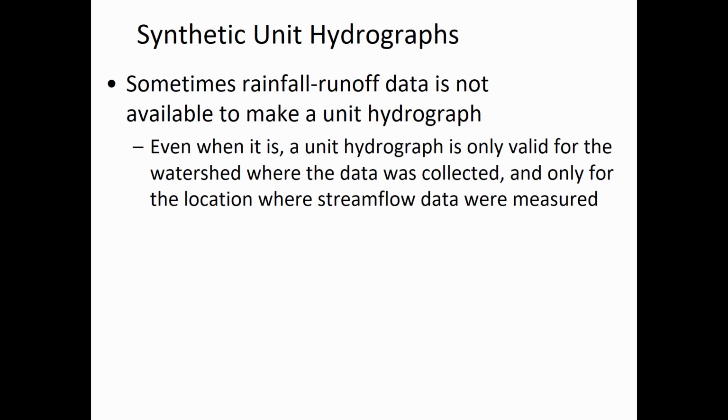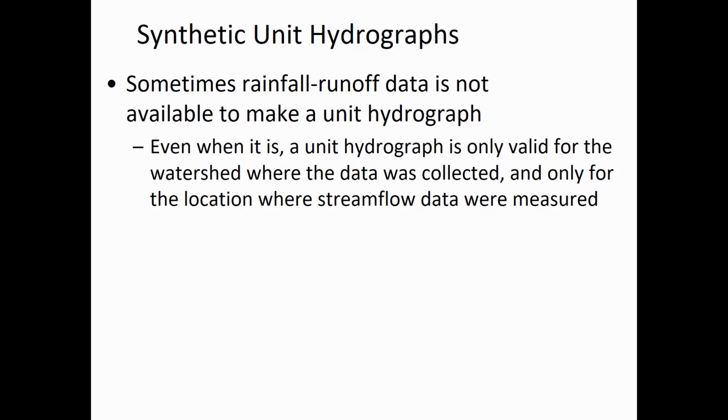Let's talk instead about synthetic unit hydrographs. Synthetic unit hydrographs are used when you don't have a measured response to a rainfall event. There were enough observations that they found that certain characteristics of watersheds predicted what its unit hydrograph would look like.